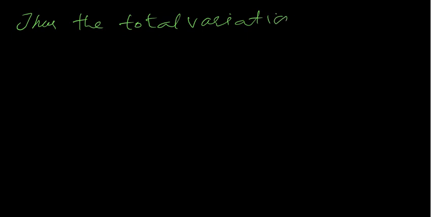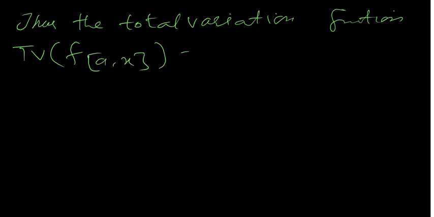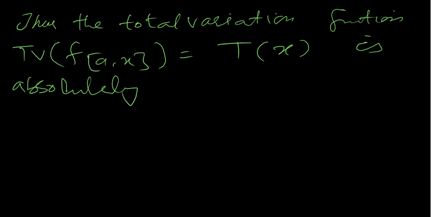So thus the total variation function TV f from a to x, which is also denoted by T of x, is absolutely continuous.